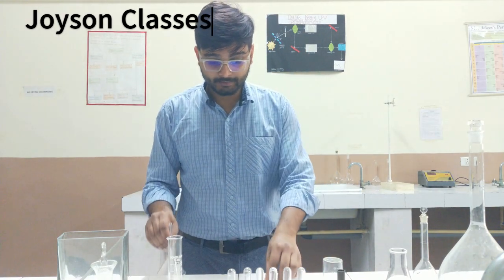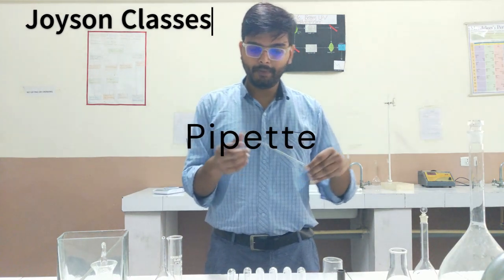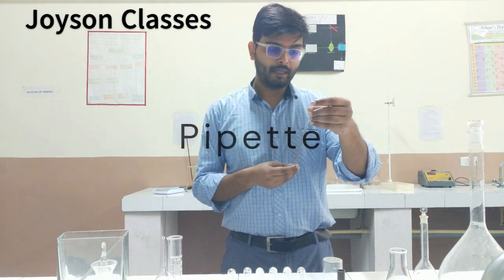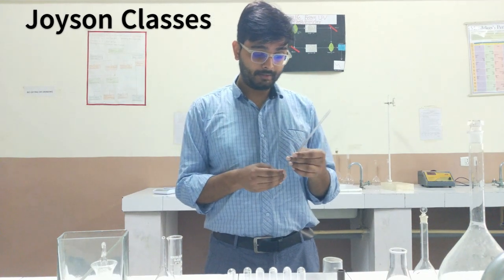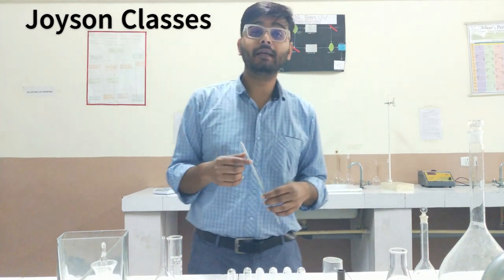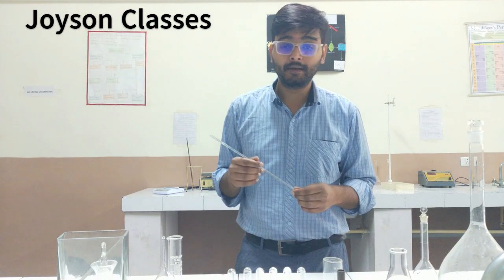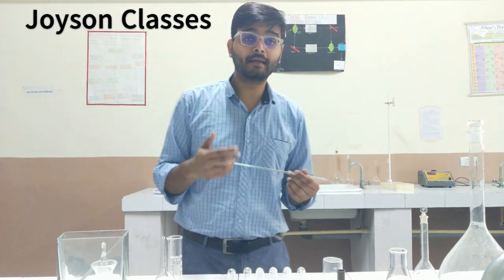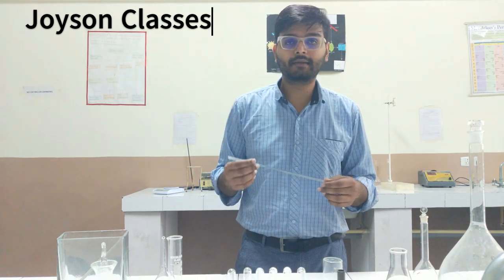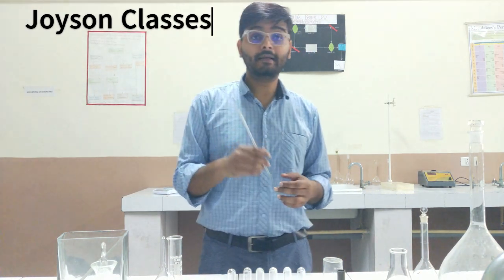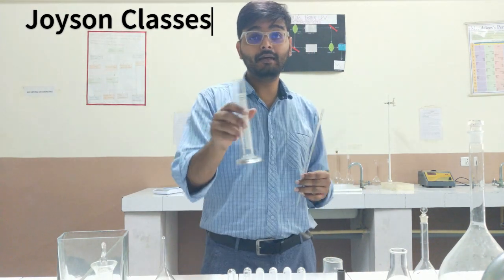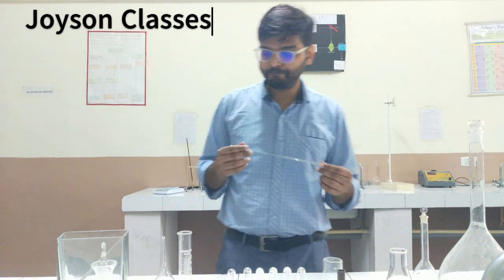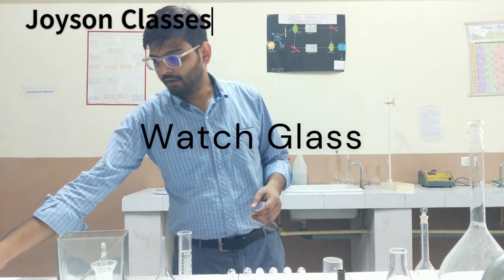And this is called the pipette. It is of 1 ml, and if you want to accurately measure any volume and introduce some other solvent so that we can get the right result, in that case we use the pipette instead of the measuring cylinder, because the pipette is more accurate than the measuring cylinder. This is called the watch glass.